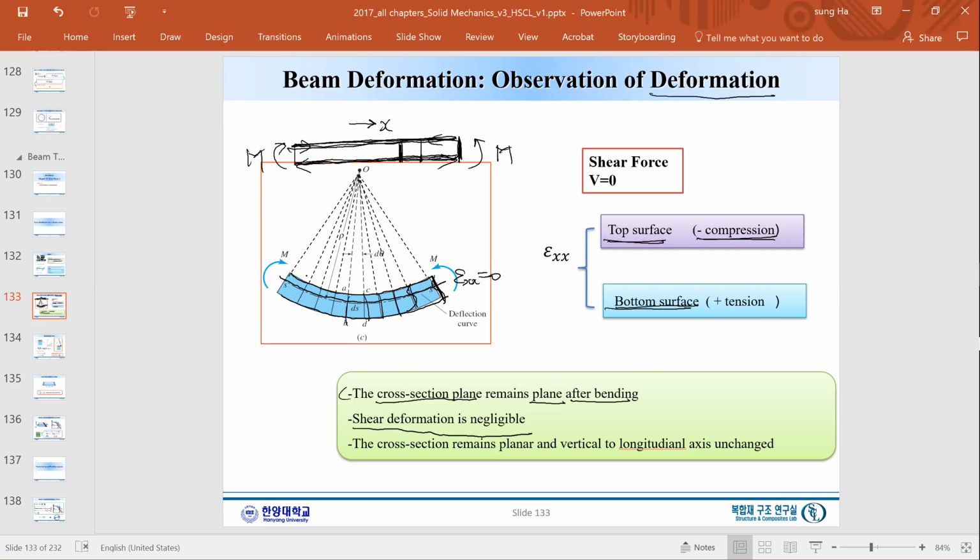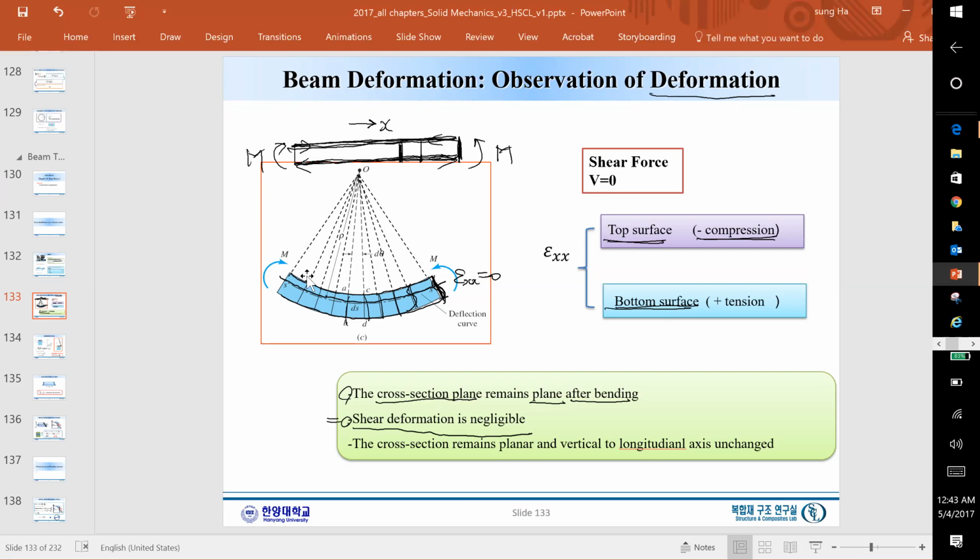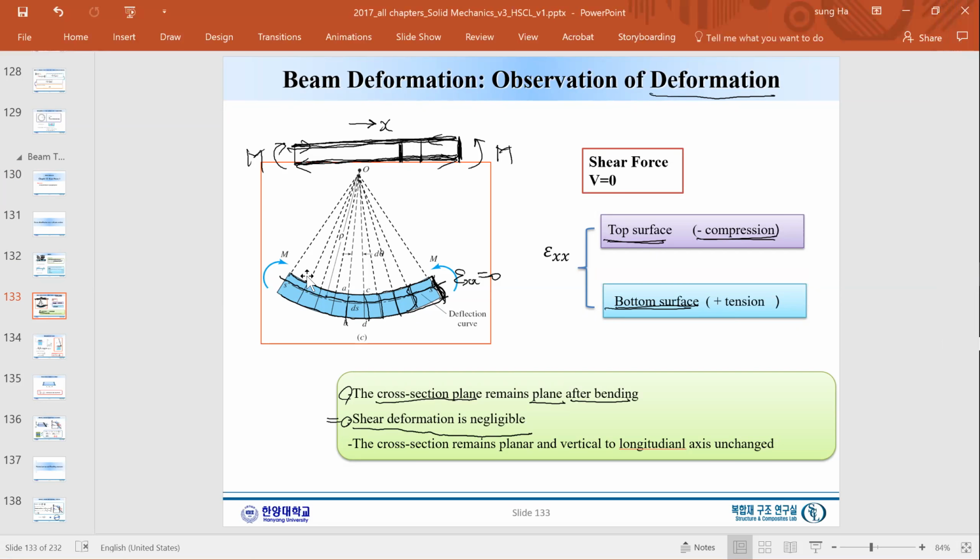Actually, this observation and that observation are the same thing. If we had a shear deformation, the section may have a curved deformation. But since we don't have a shear deformation, the cross section remains plane. And also another important observation is that the cross section remains planar and vertical to the longitudinal axis, which means that we originally had this line.